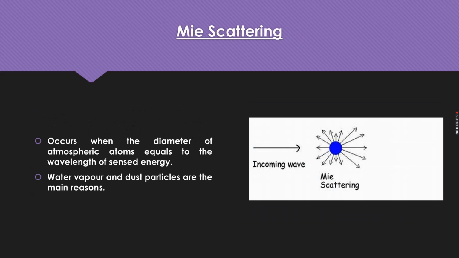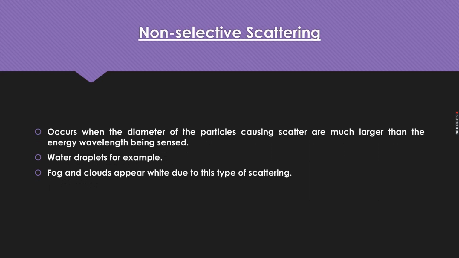Now, in Mie scattering, the interacting EMR has a wavelength which is equal to the diameter of the particle with which it is interacting. It basically happens due to water vapors and dust particles present in the atmosphere. Now moving on to non-selective scattering, it happens when the particle diameter is larger than the wavelength of the interacting EMR.